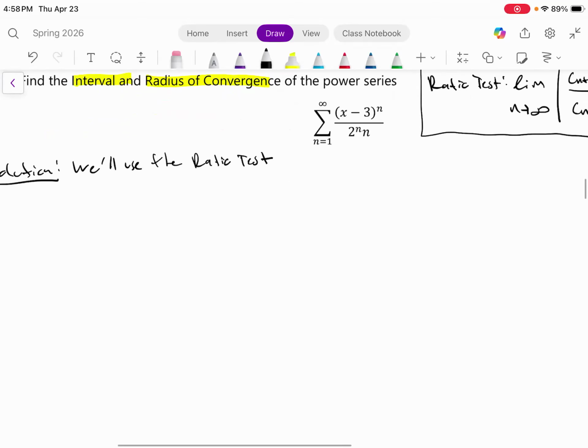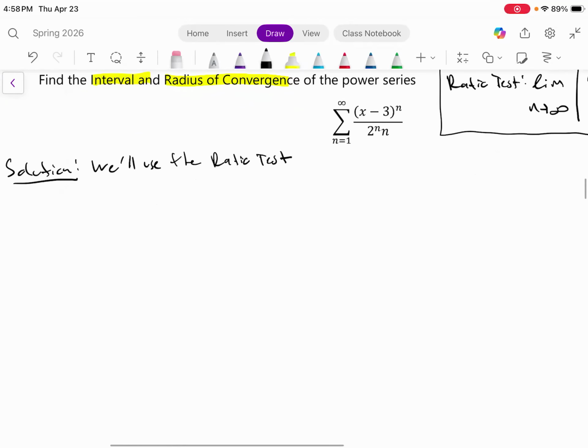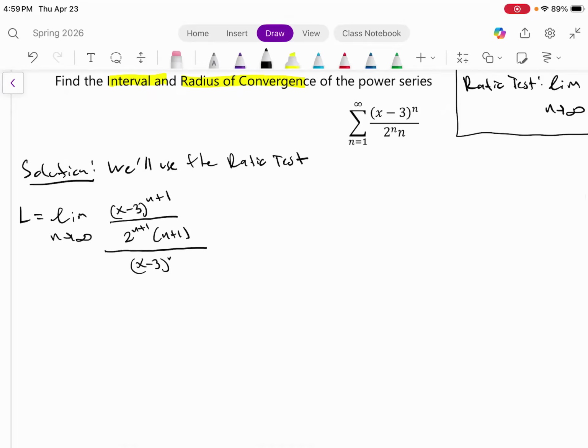Okay, so using the formula for the ratio test, this would be L, our limit that we're trying to find, equals the limit as n approaches infinity of (x minus 3)^(n+1) all over 2^(n+1) times (n plus 1), all over the original power series (x minus 3)^n over 2^n times n, and all absolute value.